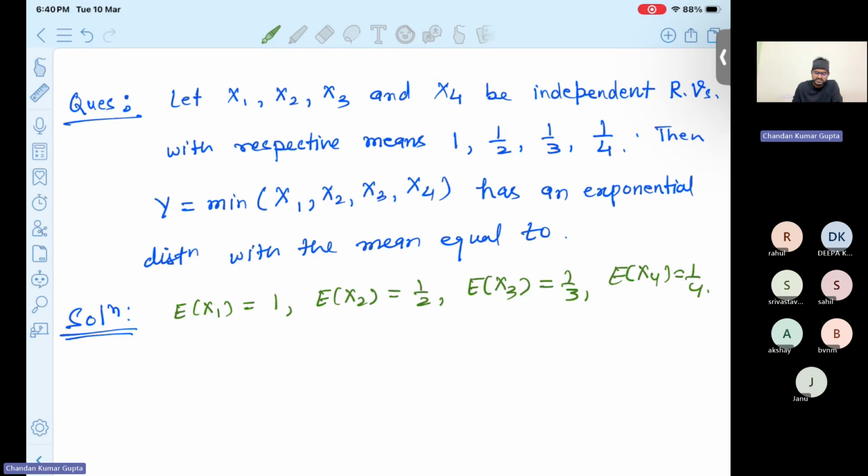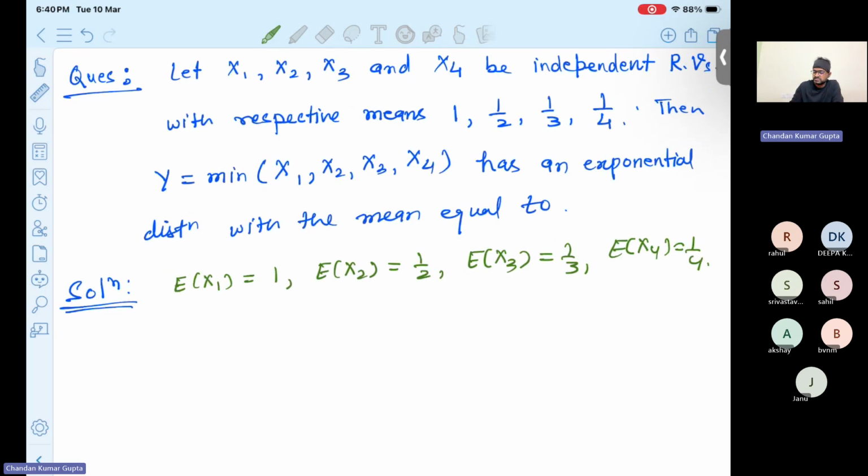And what is the PDF of the exponential distribution? The PDF will be lambda e to the power minus lambda x, x greater than 0, lambda greater than 0.